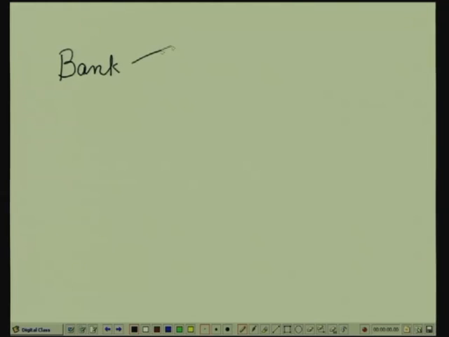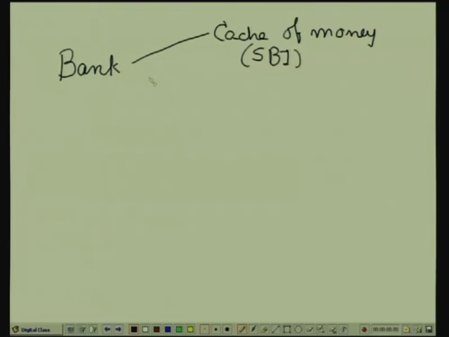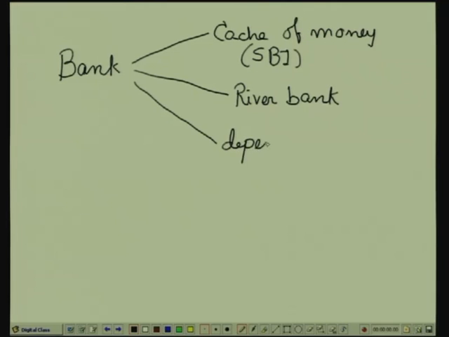You can see that we will have different meanings, like bank can be say cache of money, like the things that we have, State Bank of India. Another thing can be a river bank. Another thing can be bank can mean depend.